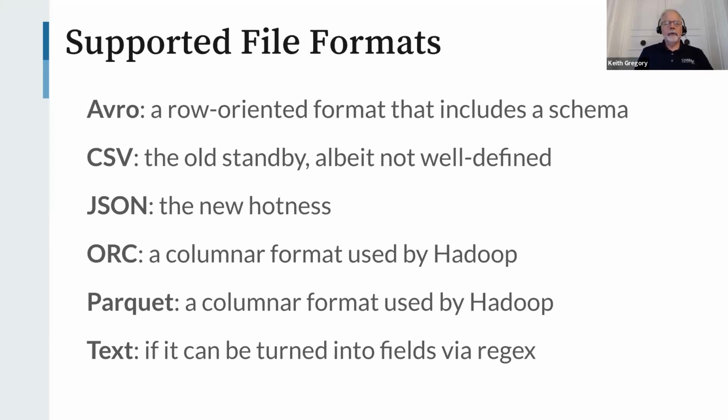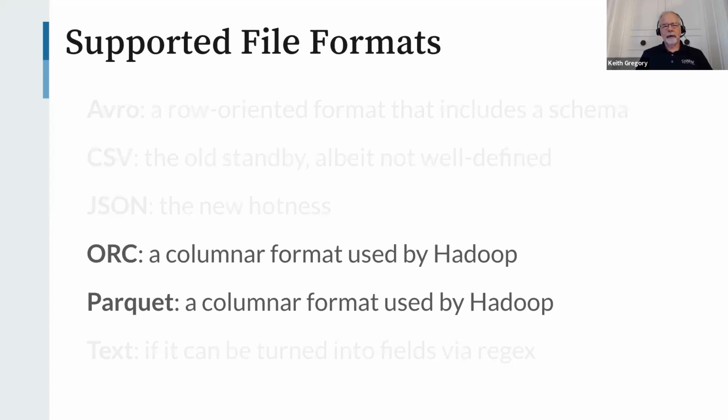But of these formats, if you're looking for performance, there's really only 2 that you want to pick, ORC and Parquet. And if you read the descriptions, they are identical. They're both columnar formats used by Hadoop. To understand why there are 2 of them, you kind of have to understand the Hadoop ecosystem.